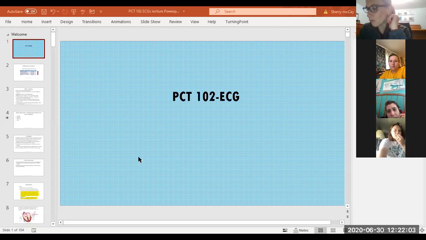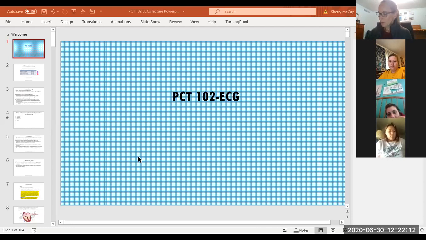The intrinsic rate of the SA node is how many beats? 60 to 100. Okay. On the ECG, the T wave represents either ventricle repolarization, ventricle contraction, atrial repolarization, or atrial contraction. Ventricle repolarization. Yep. All right.